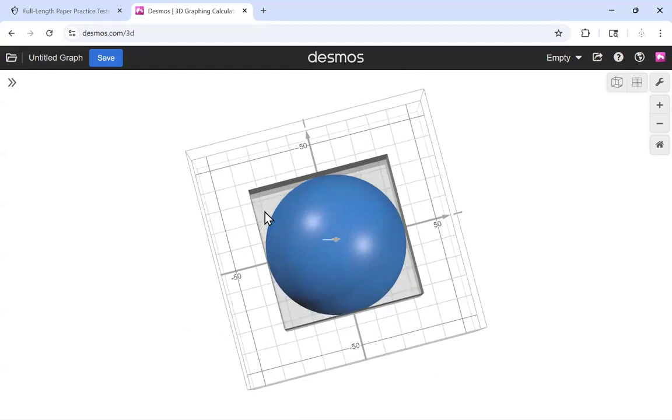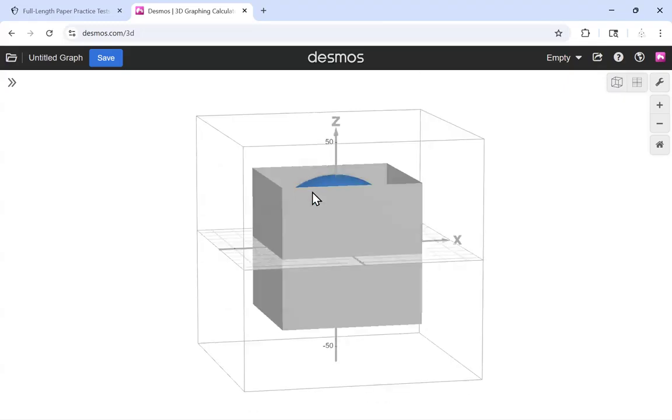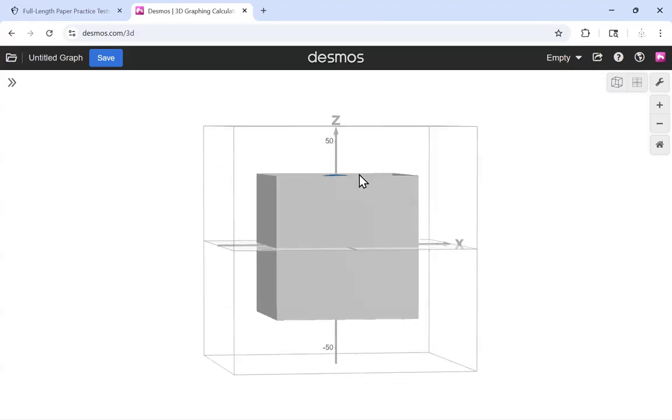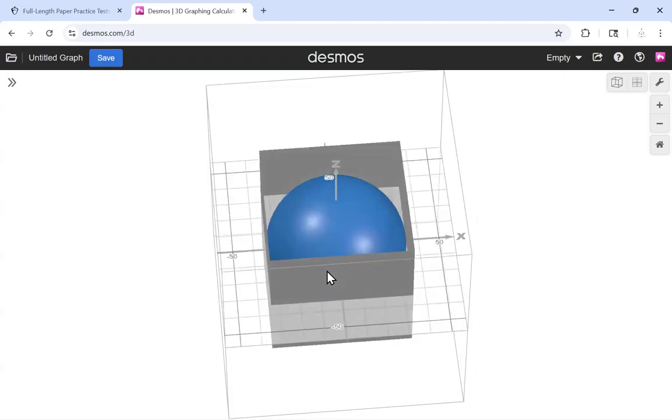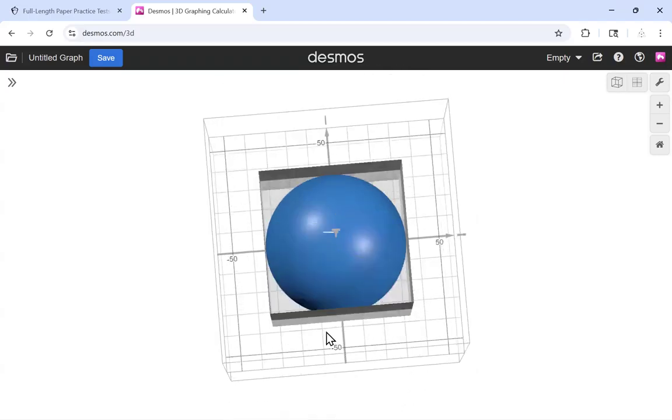So I'm looking for the volume of the interior of the box not filled with the sphere. Again, I'm leaving the top off of this so that we can see this concept easier. So what is the volume of the interior of this box not taken up by the sphere?